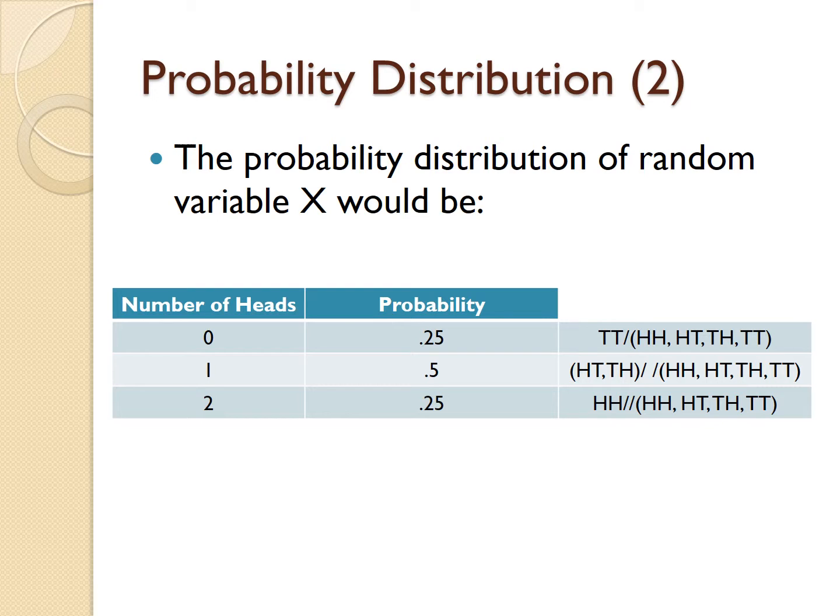If the number of heads is 1, then the probability would be 0.5, because we could have the outcome head-tail or tail-head from these 4 possible outcomes. And if the number of heads is 2, then again the probability would be 0.25, and it would be head-head divided by the total number of possible outcomes for this experiment.